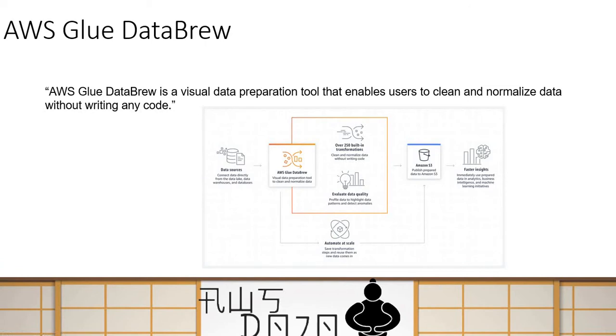AWS Glue DataBrew is a service which users can use to clean and transform their data without writing any single line of code. So suppose you have data stored in, say, an S3 bucket, a relational database, or Redshift, and you want some visual tool to perform transformation on your data.